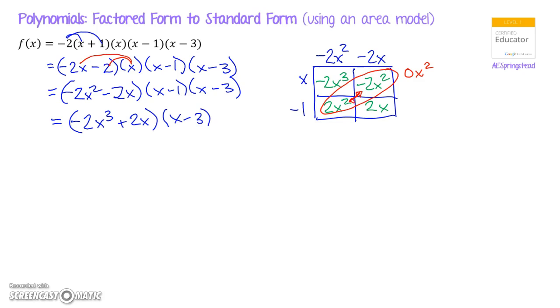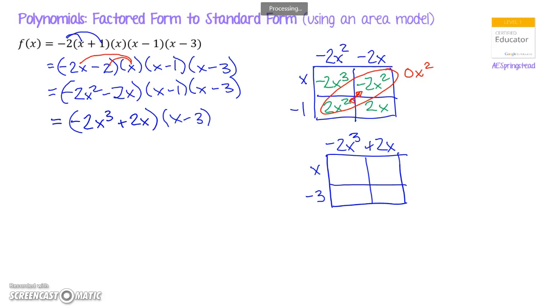I'm going to use another area model for this, again just to keep my work organized. I'm going to put the first one up top again, -2x cubed plus 2x, and then along the side, x minus 3. Filling in my box, x times -2x cubed is -2x to the 4th.